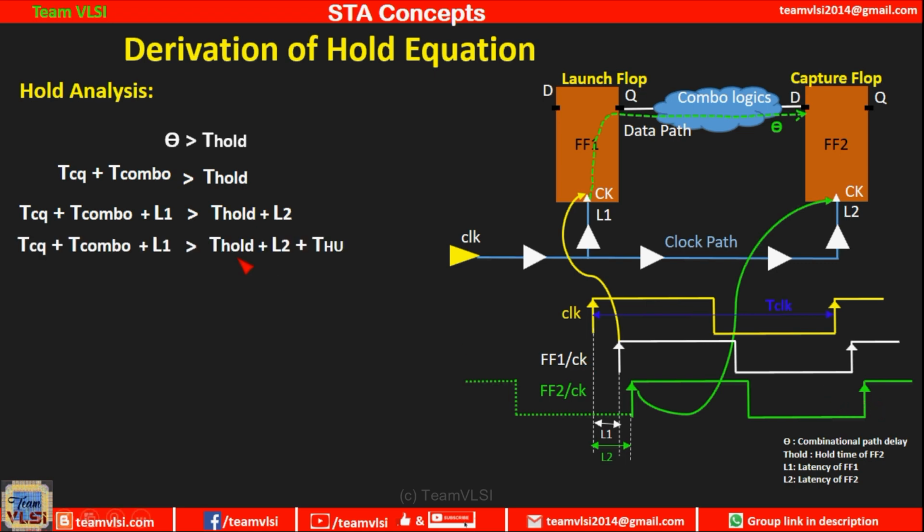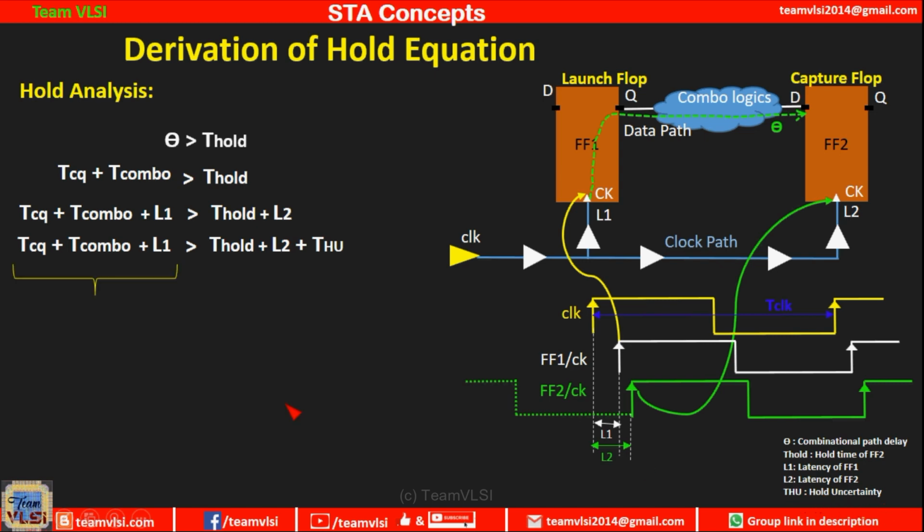So the final equation would be clock to Q delay plus combinational delay plus the latency of flip-flop 1 should be greater than hold time plus latency of clock flip-flop 2 plus hold uncertainty of the clock, right? And T HU here indicates hold uncertainty.